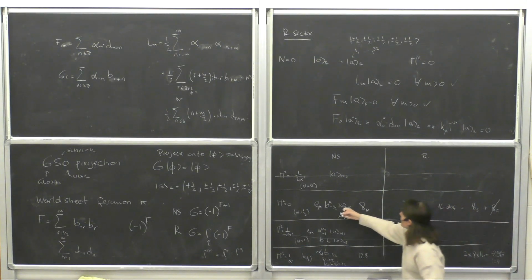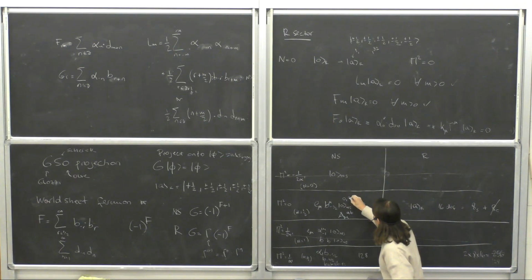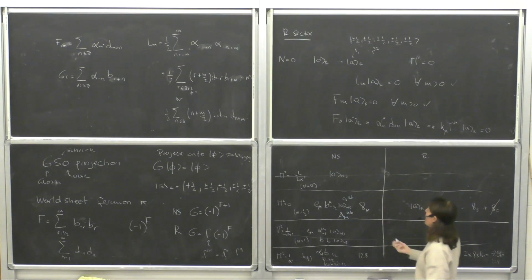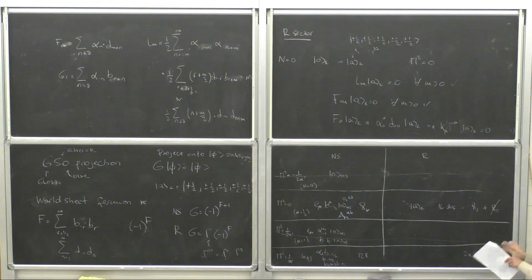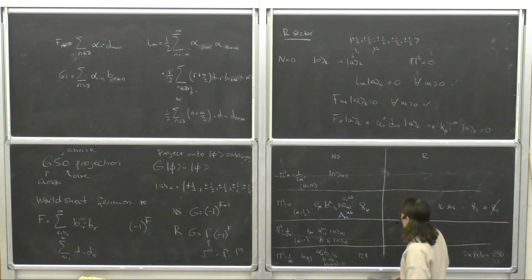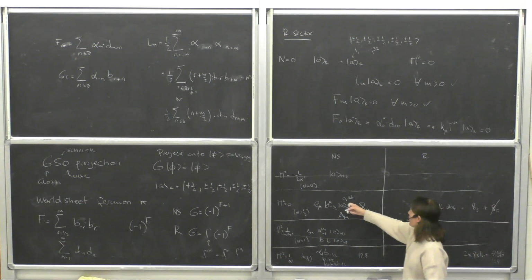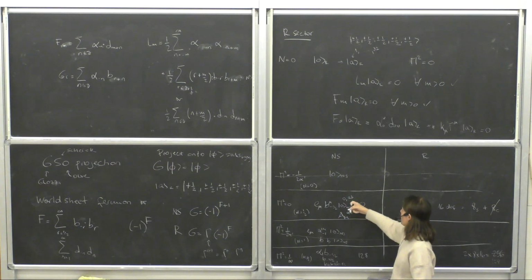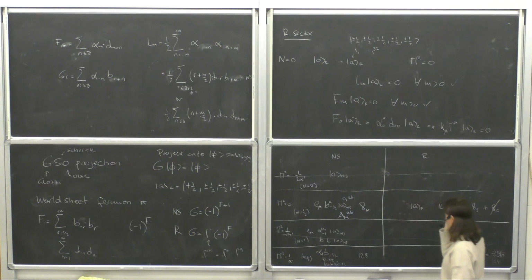So actually this is a scalar, but it has these Chan-Paton degrees of freedom. So it's in the adjoint of U(N), and if you think of this as having N branes, it's a scalar from the point of view of SO(1,9), but it's in the adjoint of U(N).